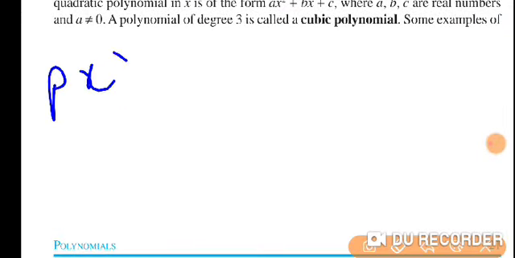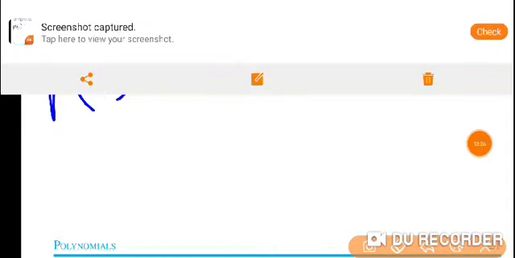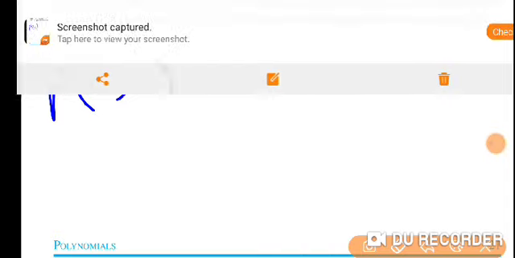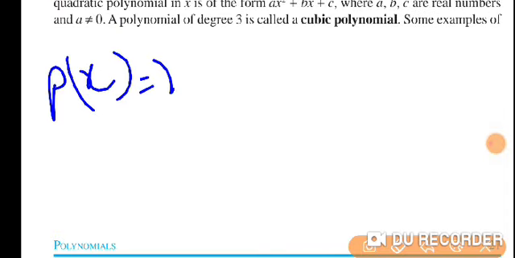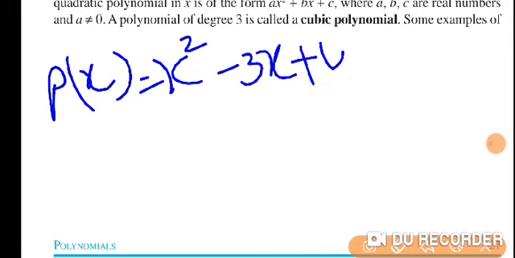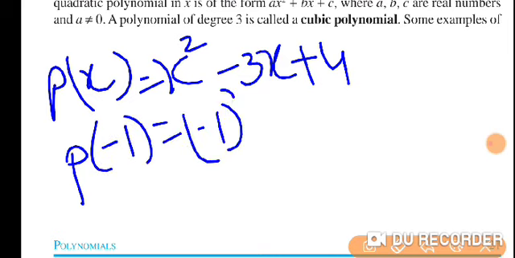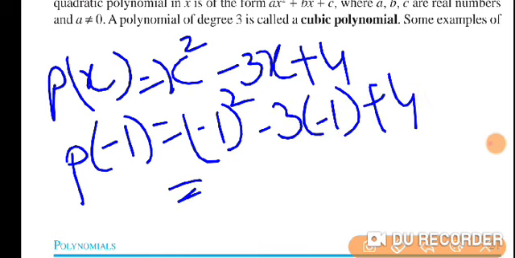The second factor was what in that particular sum, remember? I'll rewrite the sum over here. p of x is equal to x square minus 3x plus 4. So if I take p of minus 1, square minus 3 into minus 1 plus 4, what will I get?